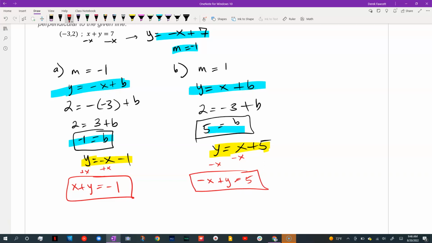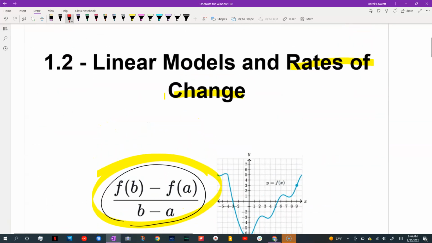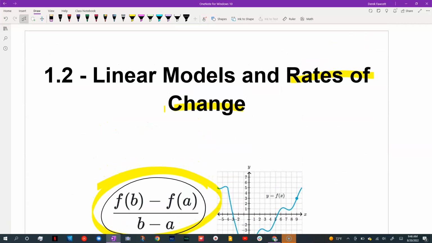Remember, the values in front of your x and y have to be whole numbers. They have to be integers, I should say, and they're both 1 and -1, so we're good. All right, we're done on that one. And that is it for these notes talking about linear models and rates of change.